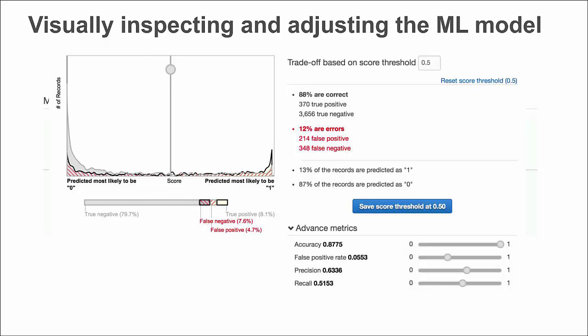That is really expensive. That is not the right thing to do. We want to minimize the number of false negatives. So if you take a look at this plot in front of you, and you take a look at the numbers in red at the bottom, we can see that with our current model, we have a 7.6% rate of false negatives and 4.7% rate of false positives.